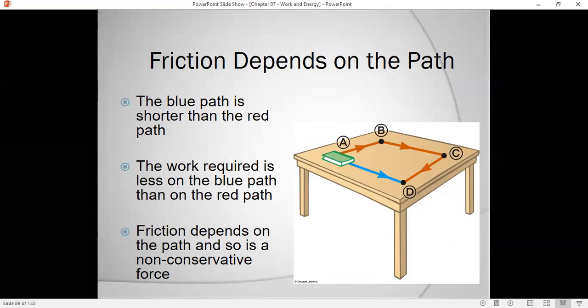We have this book being dragged across the table along this path right here, where it goes 3 times as far as it goes right here. Now, as we know, since it's going 3 times the distance and it has the same normal force and same coefficient of friction, we'd expect to lose about 3 times as much energy along this path as along this path. There's a non-conservative force. It depends on the path. And where does the energy go? It goes from mechanical energy into heat as part of the table.